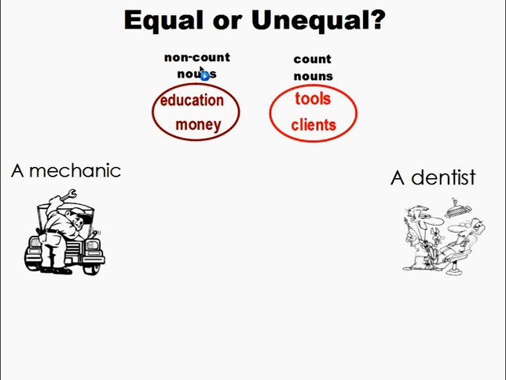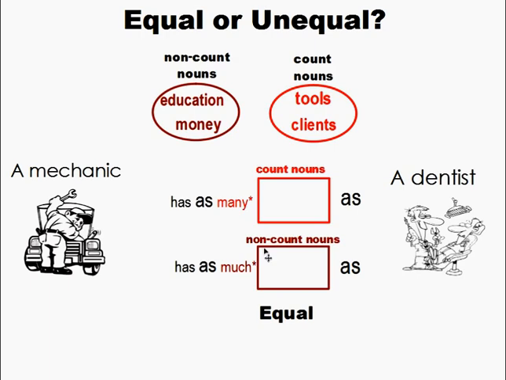And these are important when we compare, especially when we're saying they're equal or unequal. So let's think, okay? Now, if I say that 2 things are equal, I'm always using the as and as. Remember from that before. But it's important to think, well, for count nouns I use many, and for non-count nouns I use much.